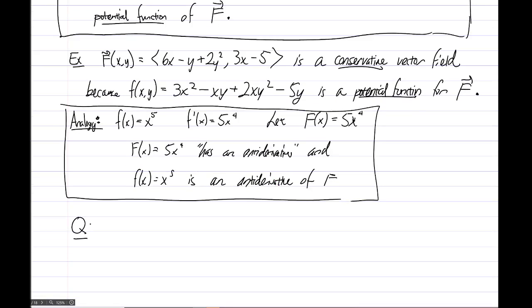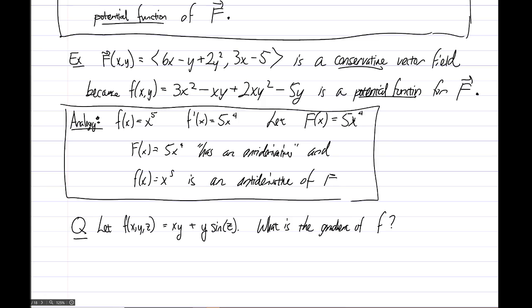Okay, question. Let f of x comma y comma z equal xy plus y times sine of z. What is the gradient of f?